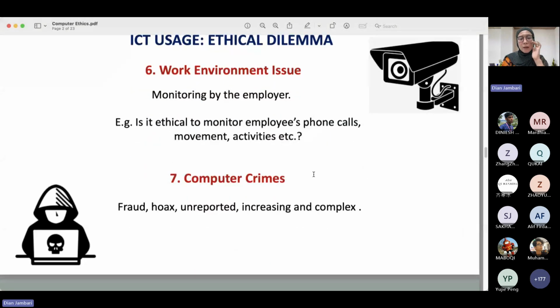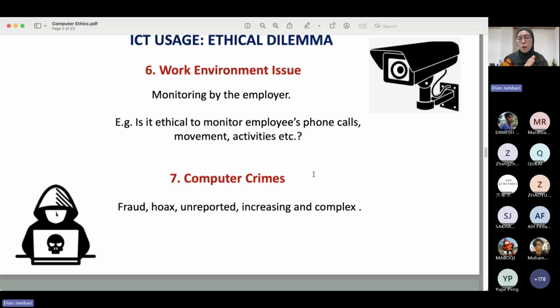And then other scenarios where you can be faced with an ethical dilemma are in terms of work environment issues. What we mean by an ethical dilemma in the work environment is when you are in a setting, in your organization, where you are being monitored by the employer. So let's say you are working in a company where they have put in the policy that everything you do will be recorded or monitored.